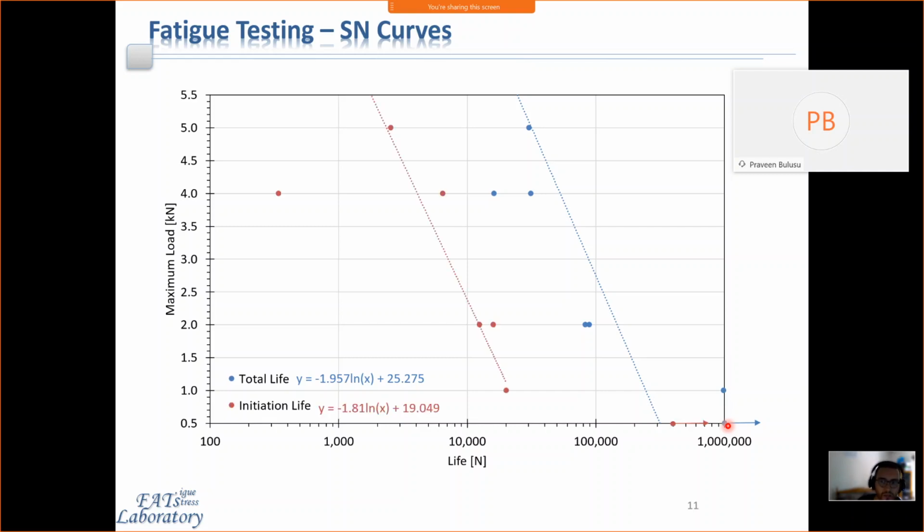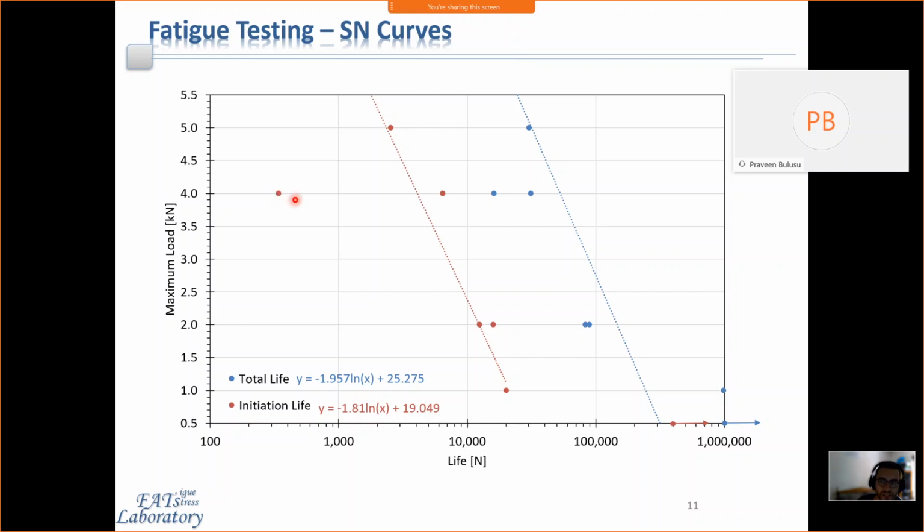We also have characterized using an imaging technique, and I can discuss that in more detail if you'd like, but it'll be included in the test report. Once the crack reaches 2 millimeters in length, we calculate the life required to achieve that threshold, and we find these data points here.